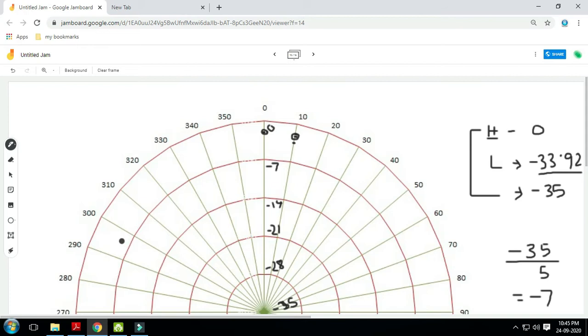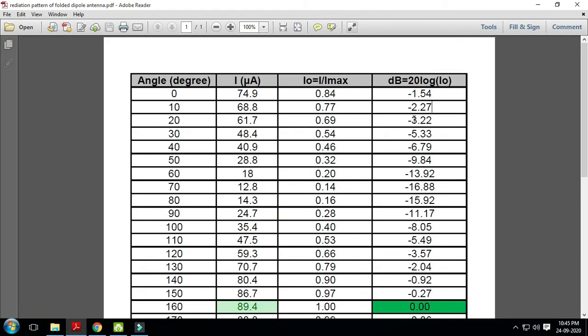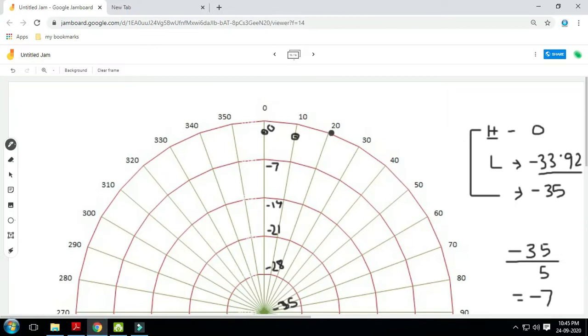Now again at 20-degree division, just erase this. Now at 20-degree division, the reading is minus 3.22. So 3.5 is there, and for 3.22, say I put it a little before the midpoint. Okay, so these are my marks.